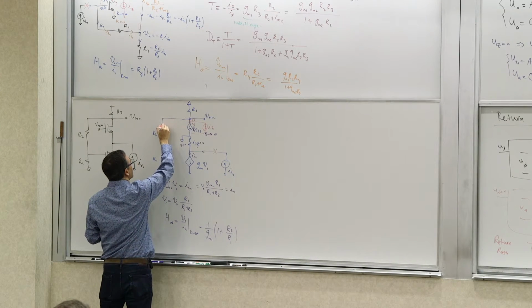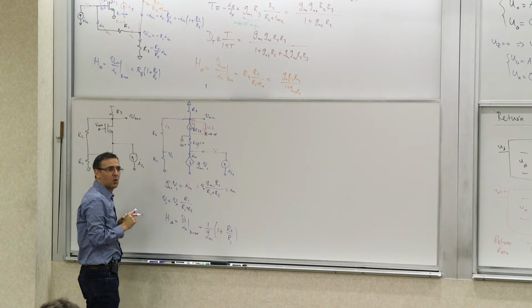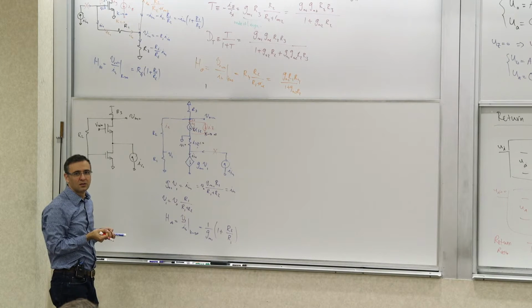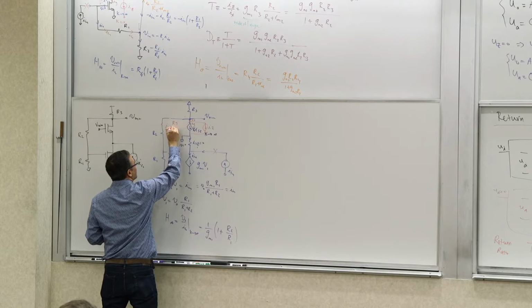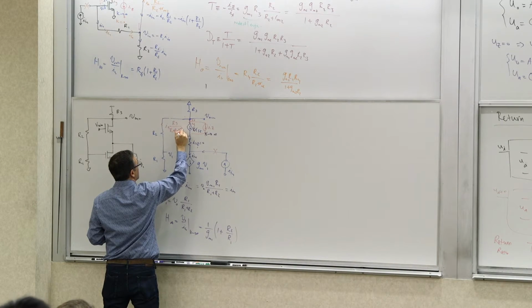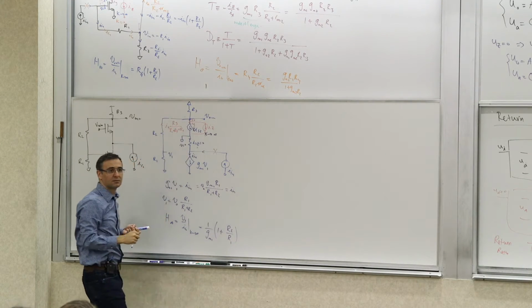So this current is going to be IX times the division ratio between these two branches. What is the division ratio between those two branches? It's going to be R3 divided by R1 plus R2, which is the resistance here, plus R3. It's the current divider between this resistor and that resistor.